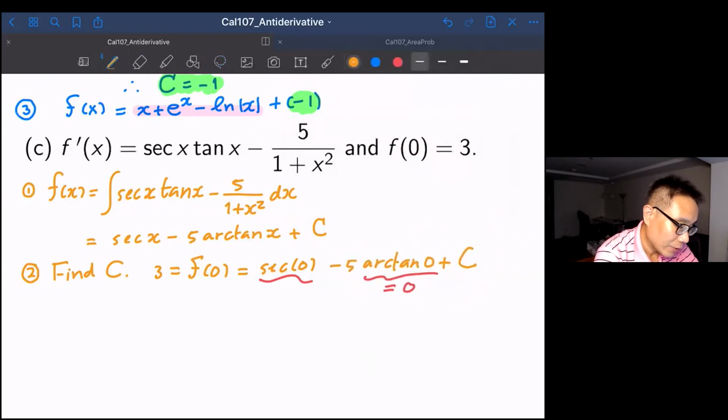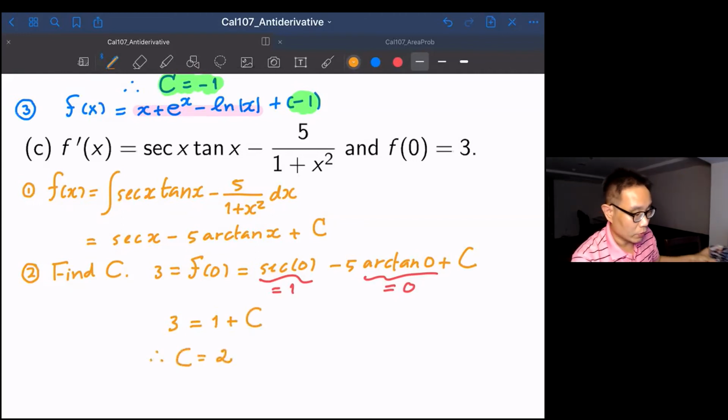And sec 0 equals 1. So in this case, I have 3 equal to 1 plus c, and so you get c equal to 2.